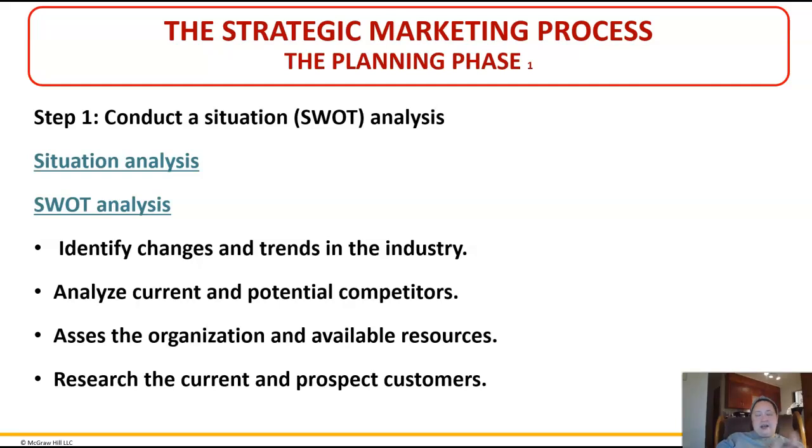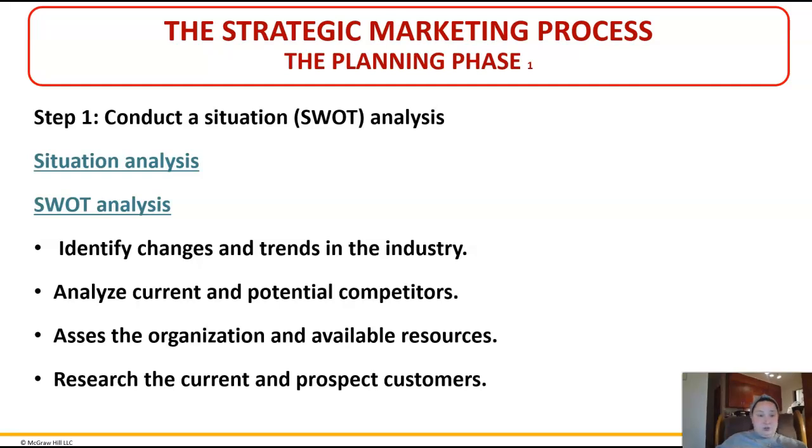And so that's looking at the current situation of the company. And so SWOT stands for strengths, weaknesses, opportunities, and threats. So as the slide says, you're identifying any changes and trends in the industry. So changes and trends can either be opportunities or they can be threats.